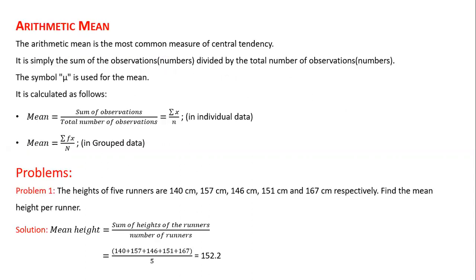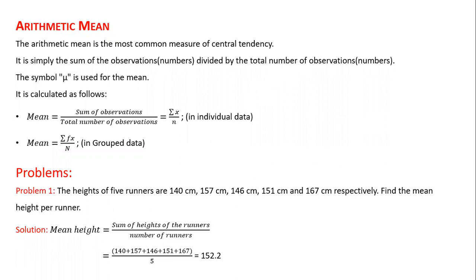Now we'll see what is the mean, or we can say arithmetic mean too. Arithmetic mean is the most common measure of central tendency. It is simply the sum of the observations divided by the total number of observations. If there are n observations, the sum of the individual observations is divided by n.